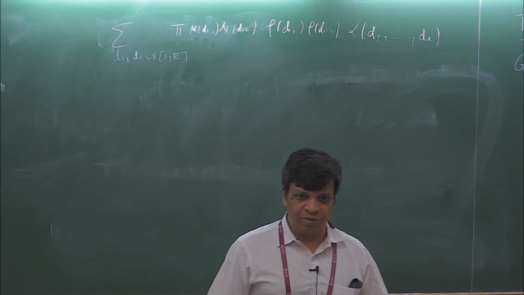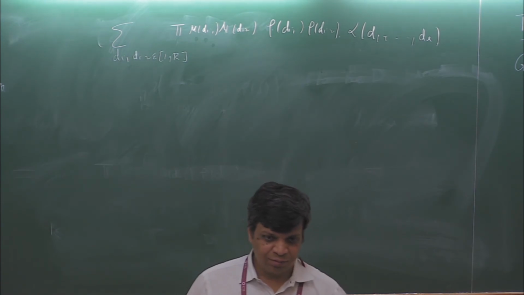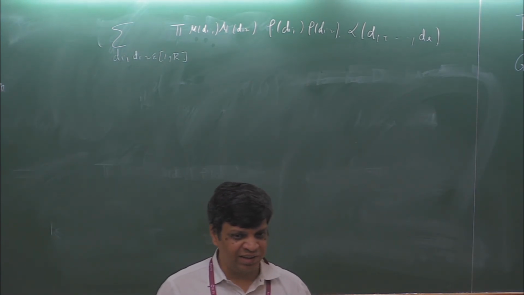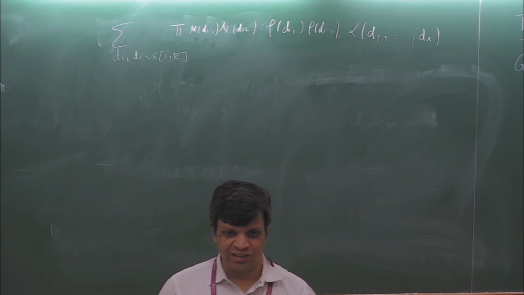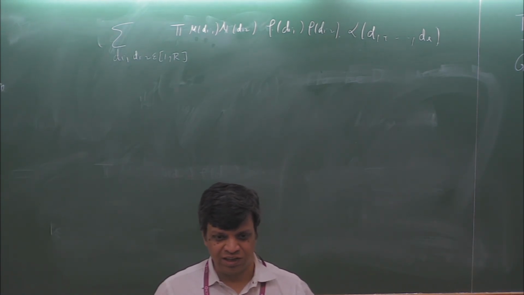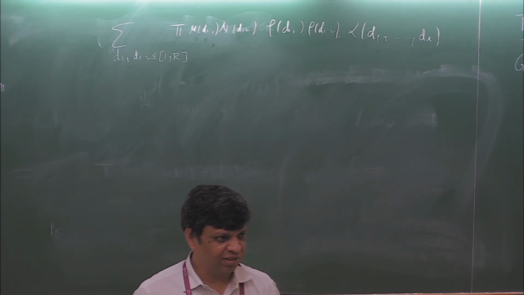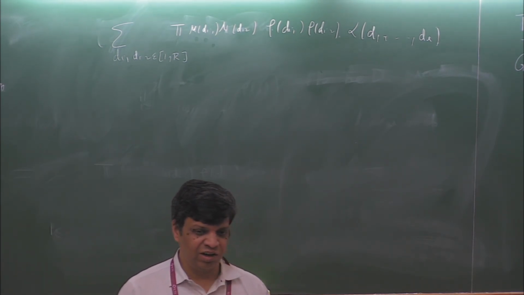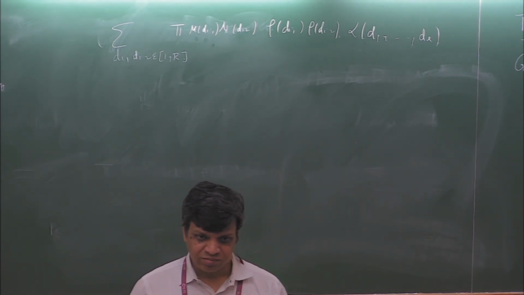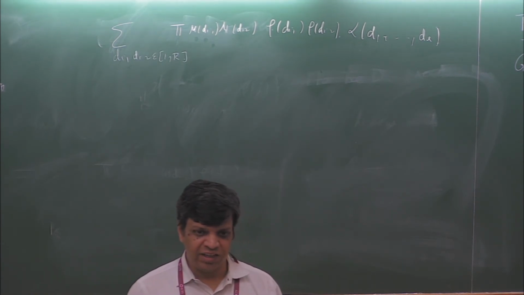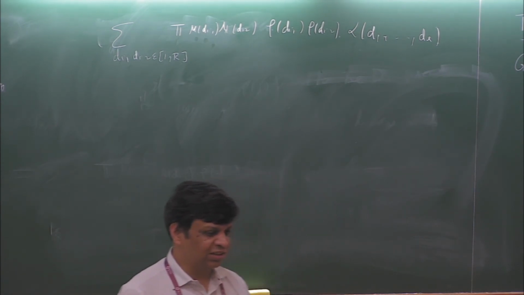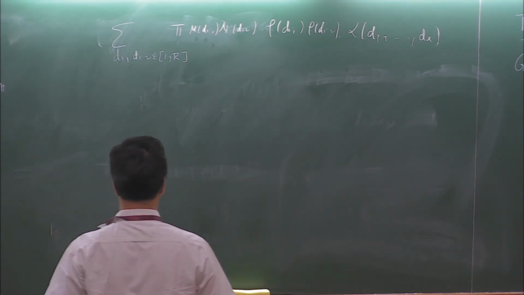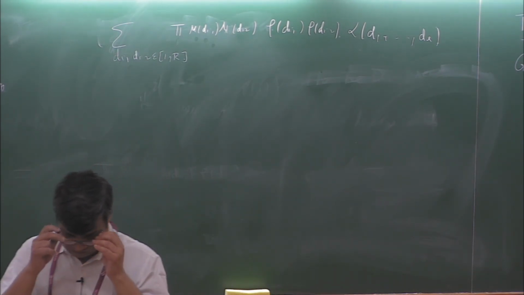If you have a sum of multiplicative functions, we are very happy that we can write it as a product, extend it, hopefully the series will converge, and write it as an Euler product. But at this moment, this function rho, which has support in 1 to R, is not necessarily a multiplicative function. So what do I do about it?